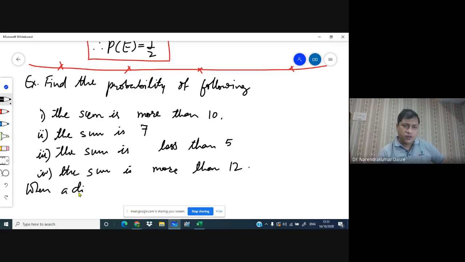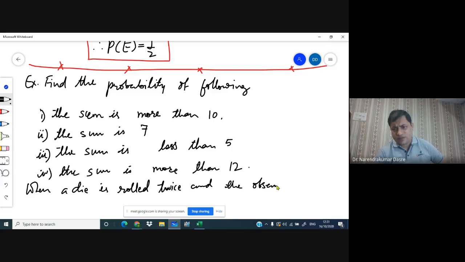Uh, 5 is tossed twice, and the observations are noted.